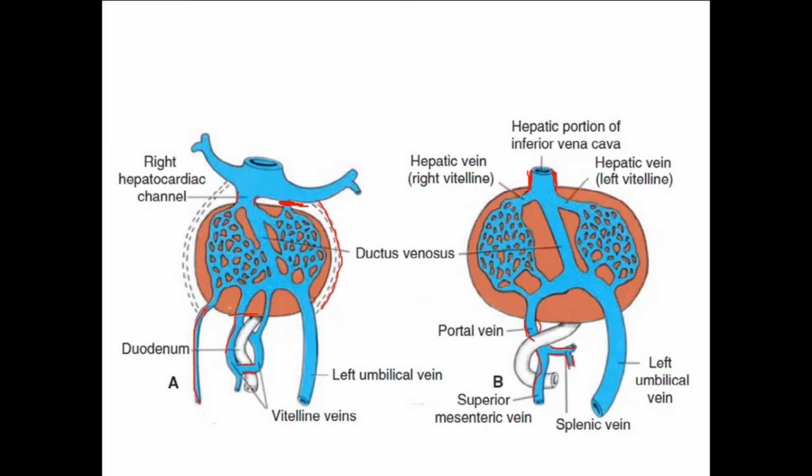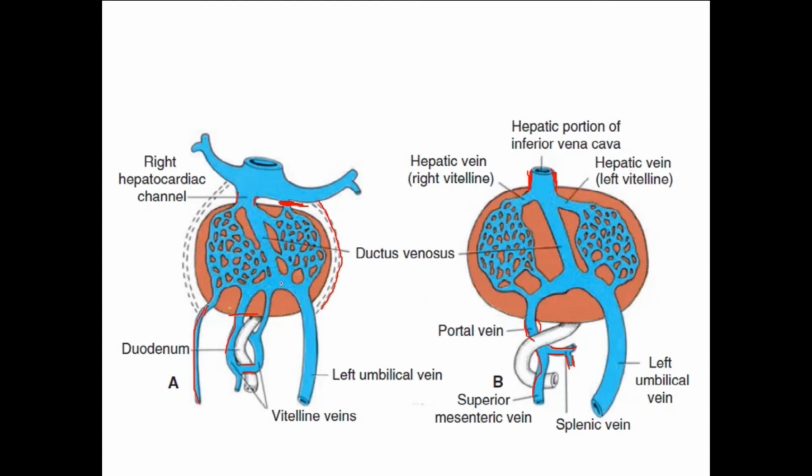Now because of the large flow of blood from the placenta, it is very difficult that blood will reach the liver substance, pass through smaller capillaries and then reach the sinus venosus.